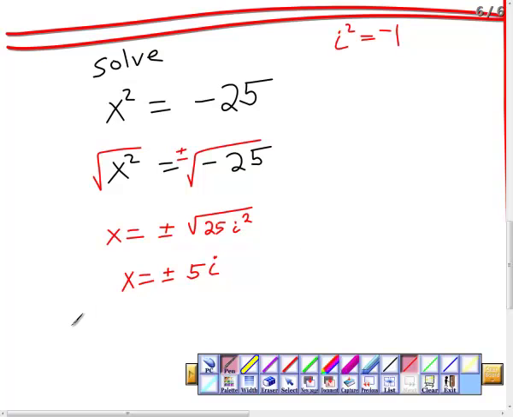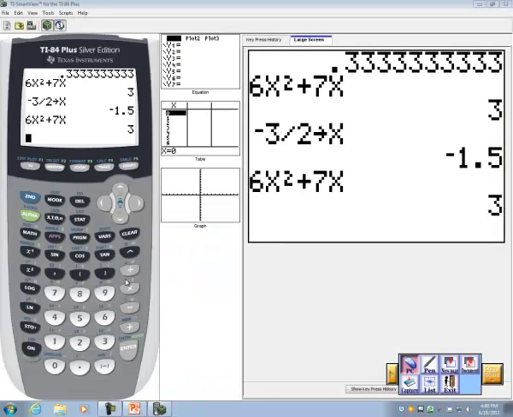Well, to check it, this is how you can check this on your calculator. We're going to put in here parentheses 5, and then you see this i down here, second and i, close parentheses, squared, hit enter.